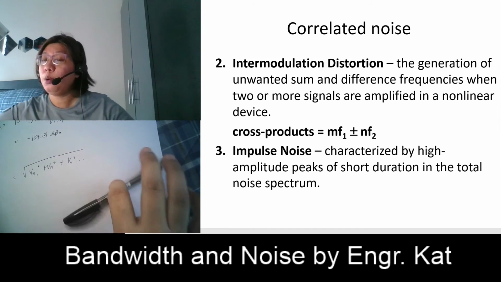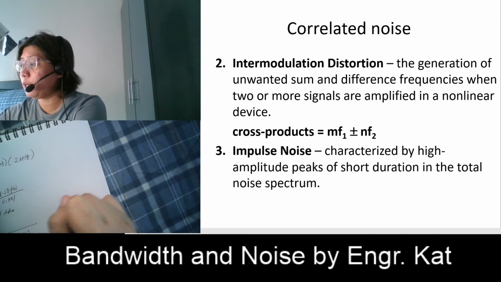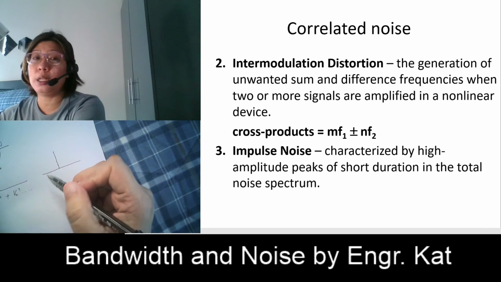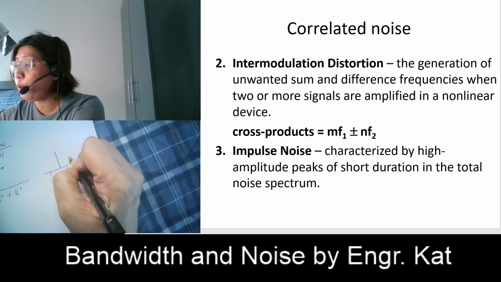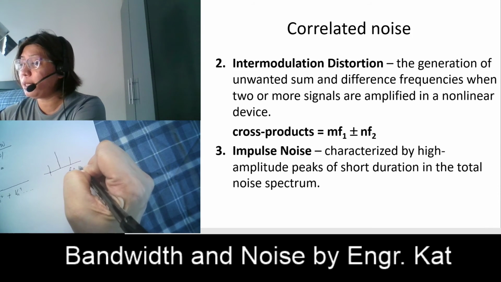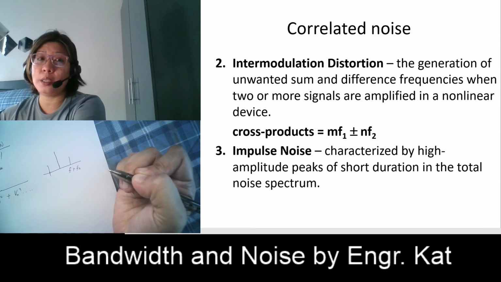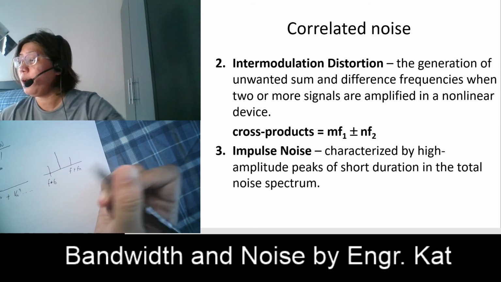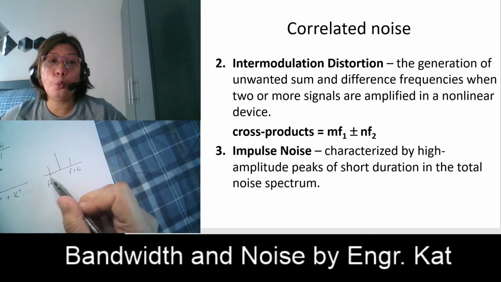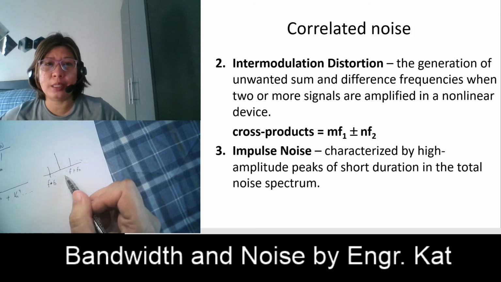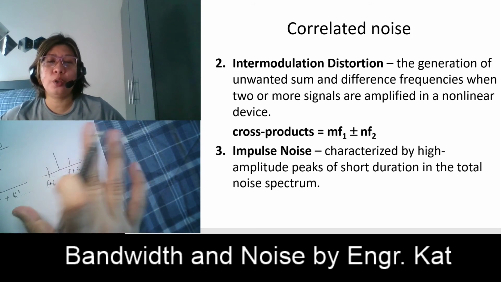Originally you have your fundamental frequency, your original signal that you want to transmit, but all of a sudden we created a signal plus a certain specific signal, and then the signal plus or minus another specific signal. So we produce cross products, unwanted sum and differences in frequency. Those are called intermodulation distortion.